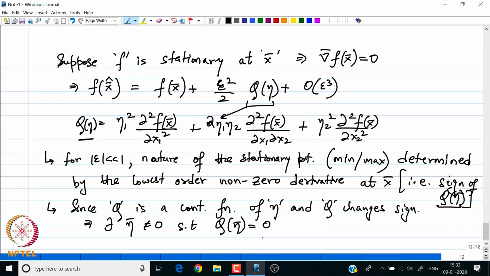So, this is our q. Let us set it equal to 0, or let me write it in another form.